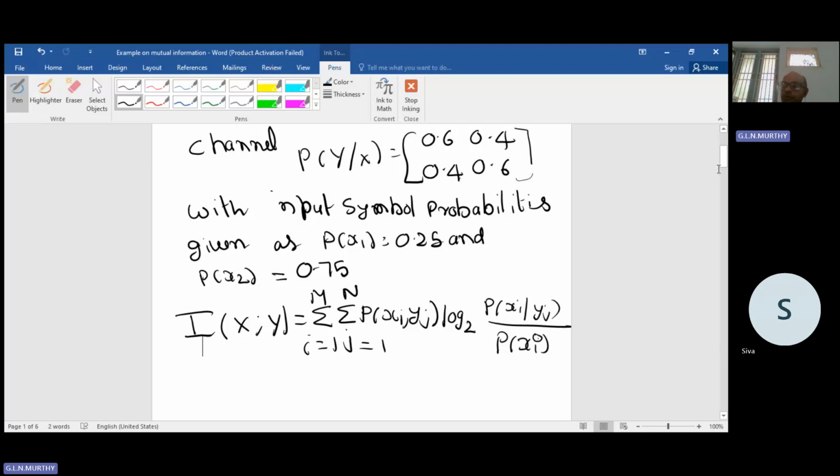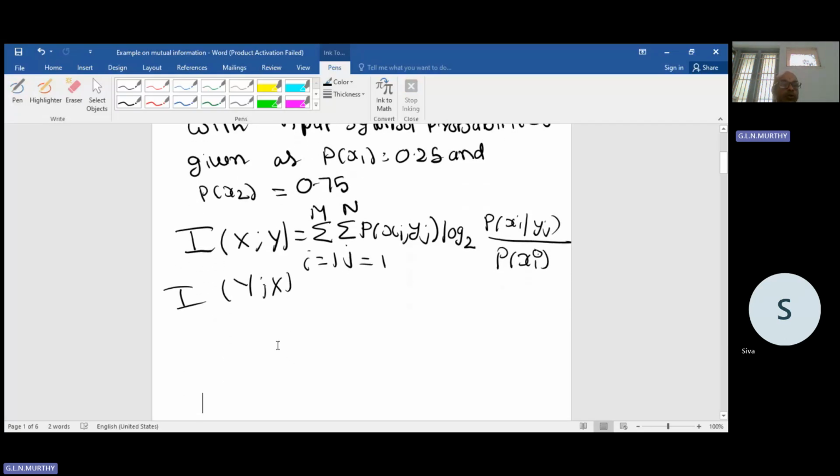Or you can also write the same mutual information in another way. I of y semicolon x equal to sigma i equal to 1 to n, sigma j equal to 1 to n, P of xi yj.